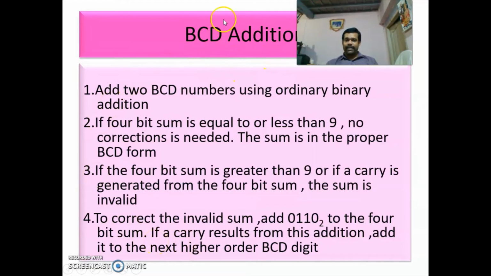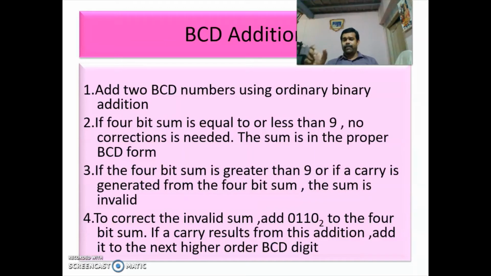I will explain BCD addition once more. First you convert the BCD numbers into binary and add the numbers using ordinary binary addition, and you will get a sum. For example, you are adding two 4-bit numbers.